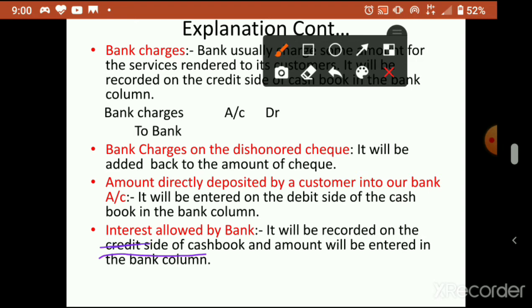It is the debit side of the cash book, not the credit side, and the amount will be entered in the bank column. If interest is charged by the bank, then it is a payment that decreases our account, so credit side. So interest allowed by bank should be entered on the debit side.